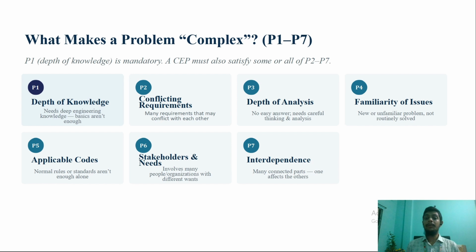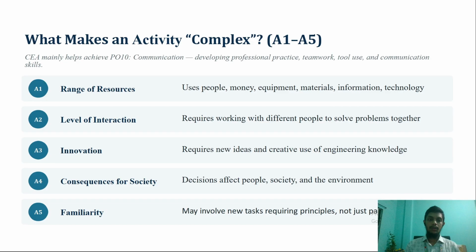A new or unfamiliar problem, not routinely solved. P5, applicable codes. Normal rules or standards aren't enough alone. P6, stakeholders and needs. It involves many people and organizations with different needs. P7, interdependence. Many connected parts, one affects the other.